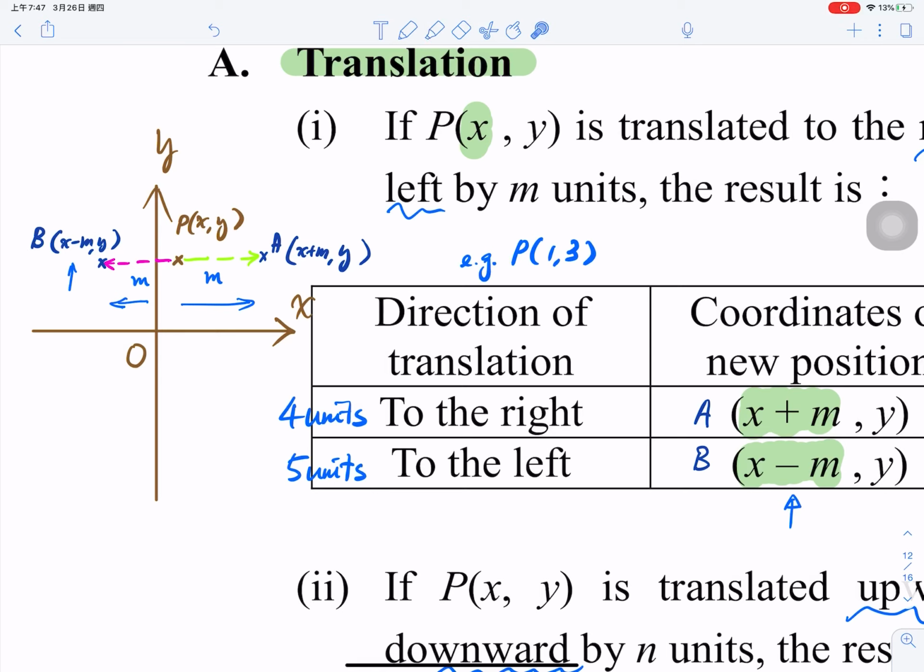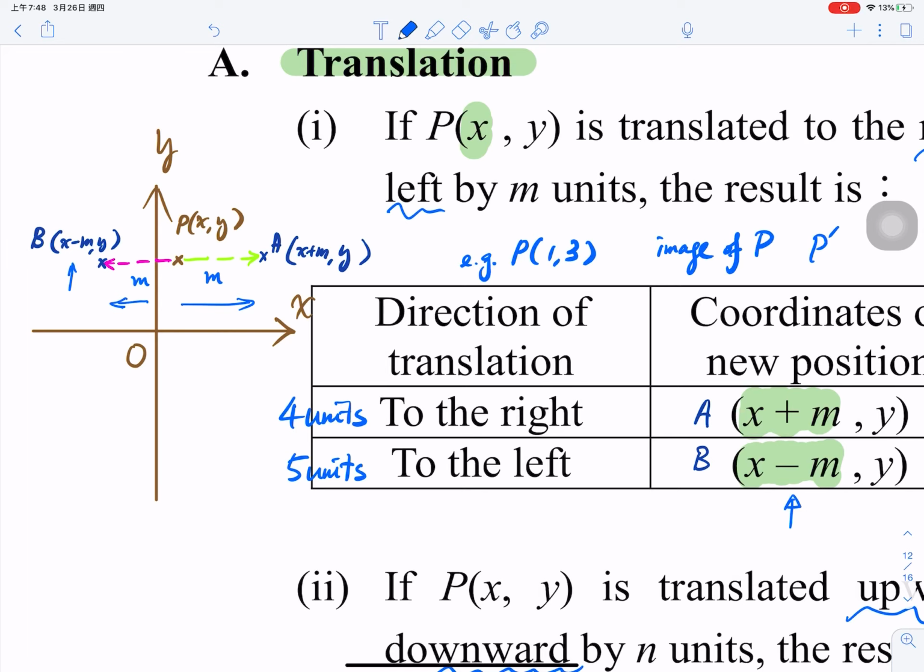Now, if P is (1, 3), then what is the image of P? We say that is the image of P. Then you say that, oh, is it P prime? Yes, P prime, you can write like this.